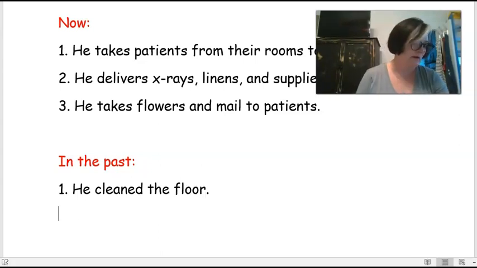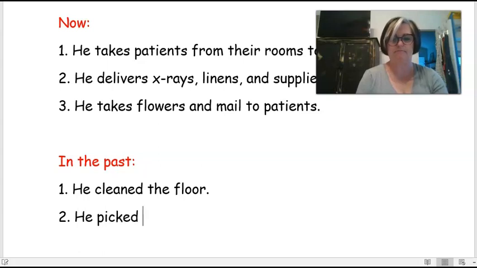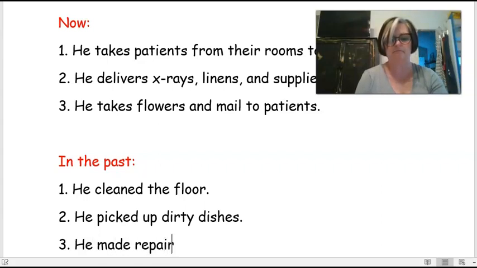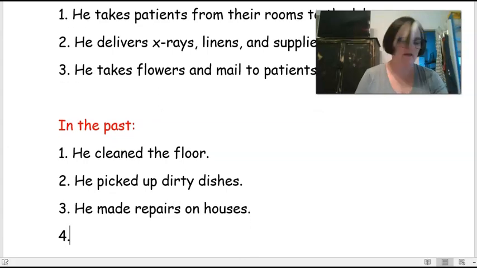He picked up dirty dishes. The third thing he did is he made repairs on houses. And the last thing that he did was he operated large machines.